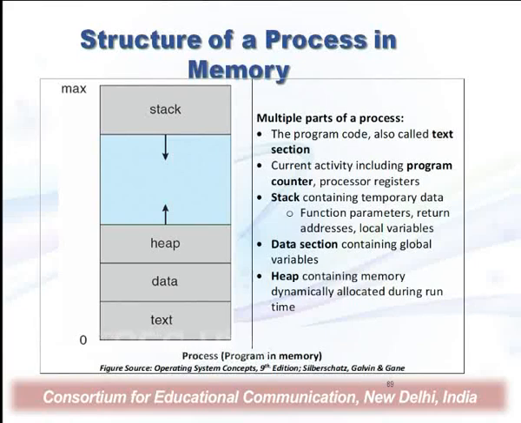Then you have the current activity, which is your program counter, value of other registers, process registers, that is also stored here. You have the stack, which contains the temporary data and any function parameters or return values. You have a data section which contains the global variables that this process uses. You have the heap containing memory which is dynamically allocated during the run of that particular process.